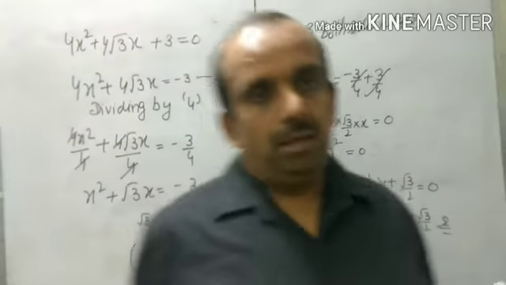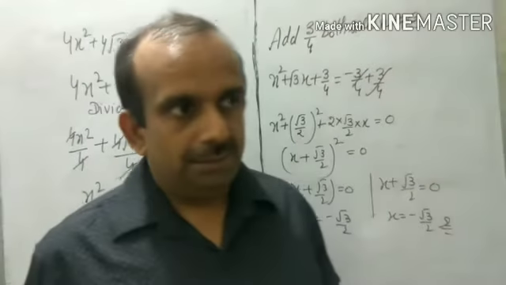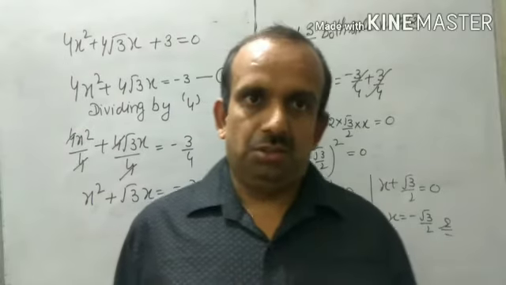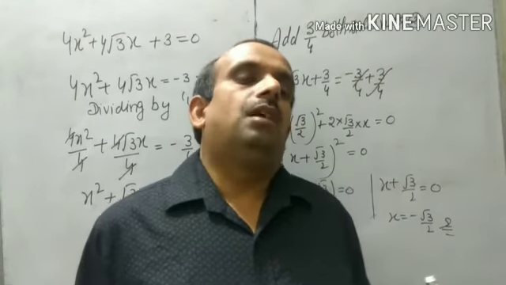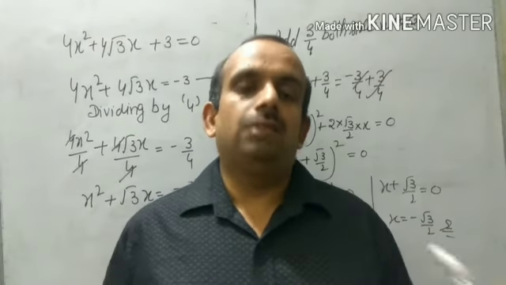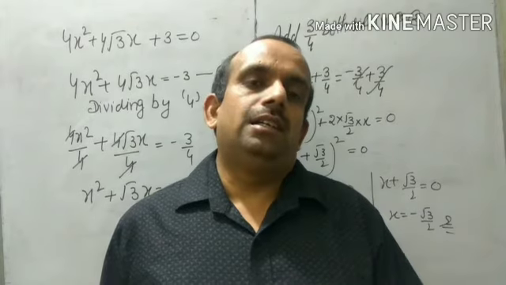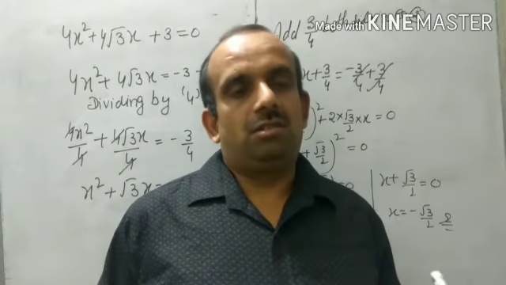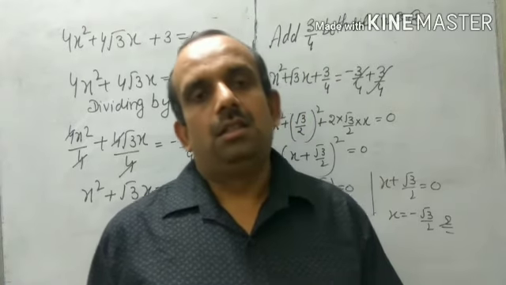Now we have studied the case where the right side is positive and the case where it is equal to 0. There is one more case: if the right hand side becomes a negative number after completing the square, then we write that the roots of the equation do not exist, or this case is not possible in the 10th class.